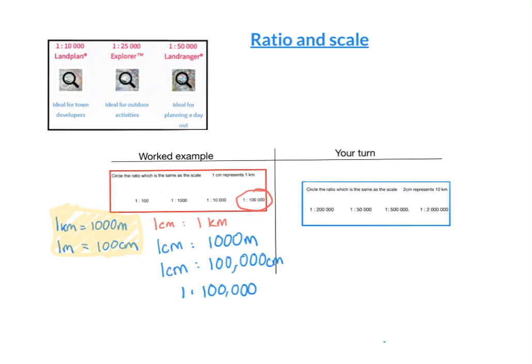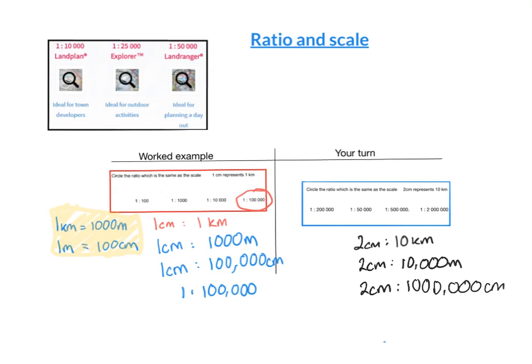Okay, hopefully you would have worked out that if we're using 2 centimetres represents 10 kilometres, then using these units over here, you can say, well, 2 centimetres is the same as 10,000 metres, which is the same as 1 million centimetres.